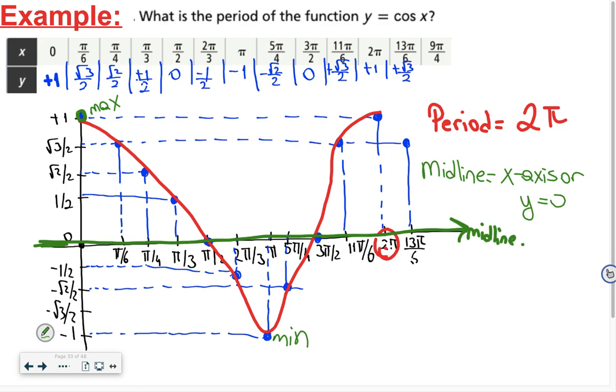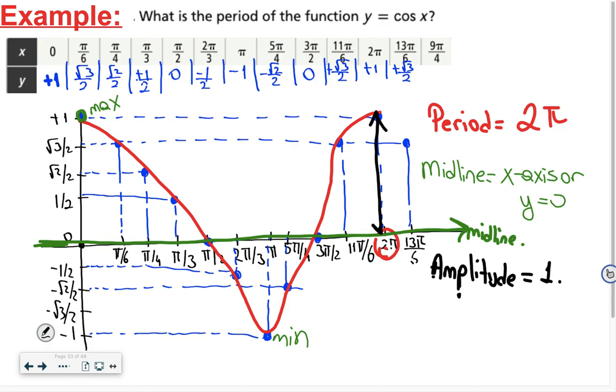After that, I need to find the amplitude. Remember, what was the amplitude? Amplitude is the distance between the midline and the maximum point or minimum point. Let me find the distance between the maximum and midline. So your amplitude is what? Positive 1.